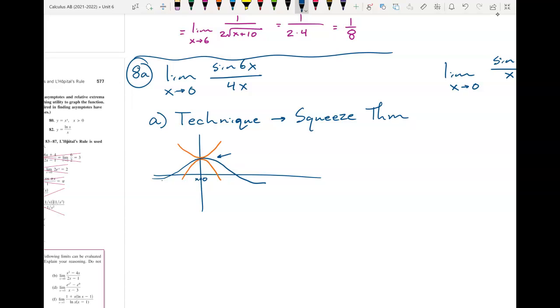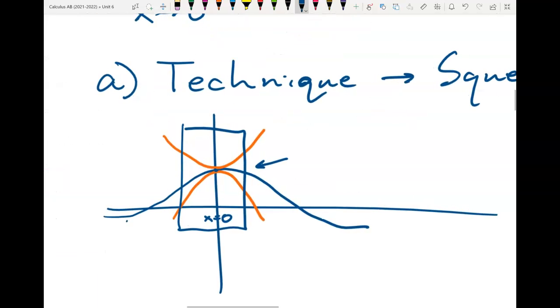Okay? But these other two functions above and below it are defined, and we can say within a specific interval, say within this picture here, if I was to zoom in, I would say that this middle function is always between the upper function and the lower function.